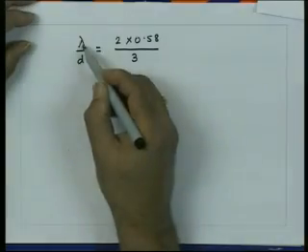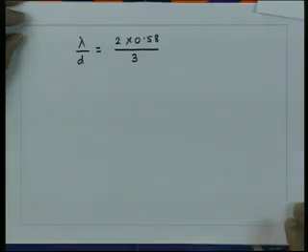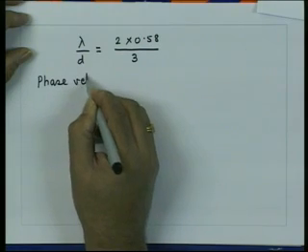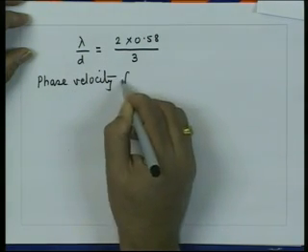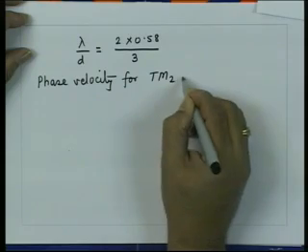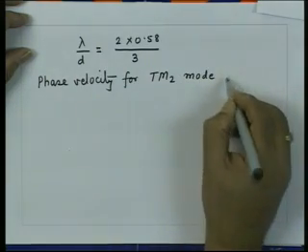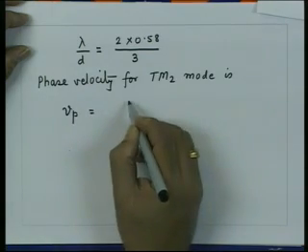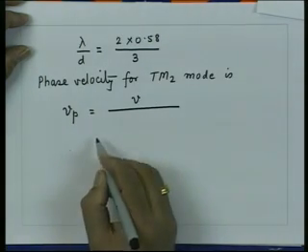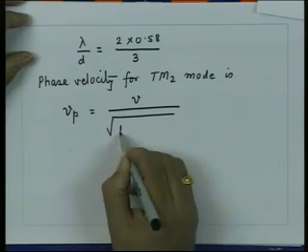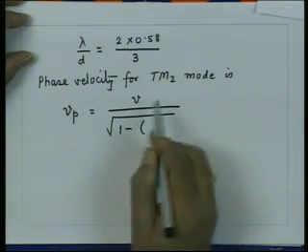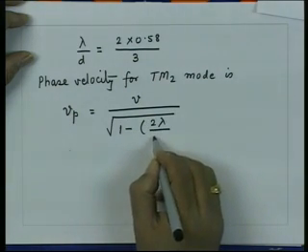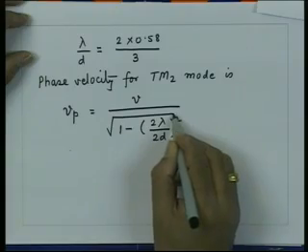Now, once we know lambda upon d, we can find out the phase velocity for TM2 mode. The phase velocity Vp will be equal to V divided by square root of 1 minus, since now m is equal to 2, (2 lambda upon 2d) whole square.